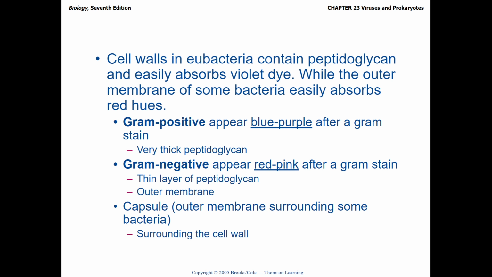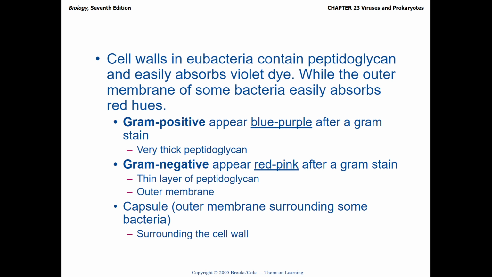Gram negative bacteria appear red pink because they do not contain peptidoglycan, or in some cases contain a very thin layer of peptidoglycan. With less peptidoglycan, there is going to be less absorption of the stain, meaning that their color is red pink, and it generally sticks just to the outer membrane.